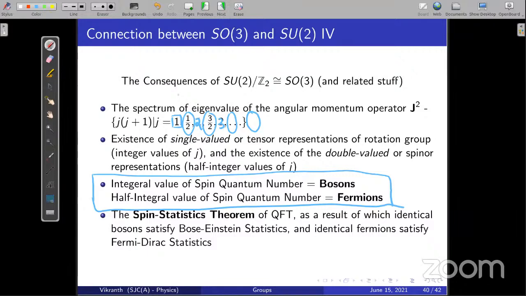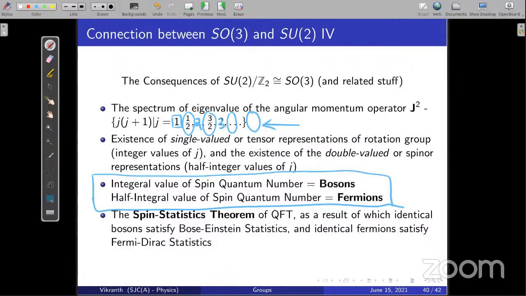The entire set of particles, we know that they can be divided as bosons and fermions. Bosons have integer spin and fermions have half integer spin. And you see, you are somewhat getting that, right? This is the angular momentum operator, but I think it's also the same with the spin operator. I just have to confirm that. I'll get back to you on that tomorrow. I think tomorrow I do cover this.